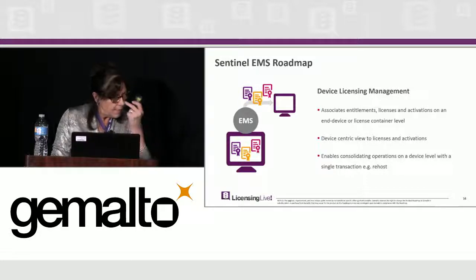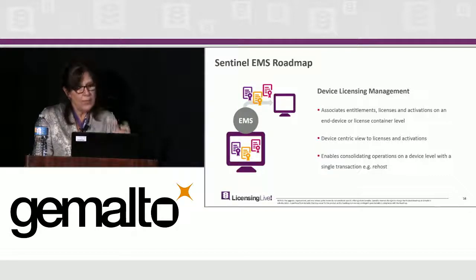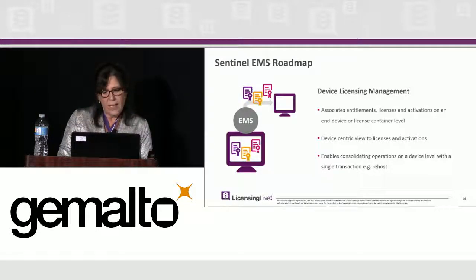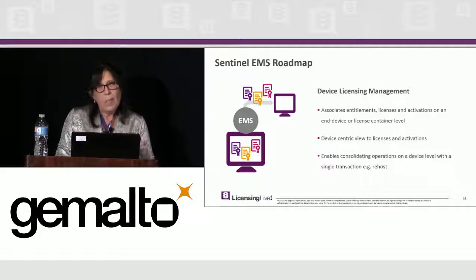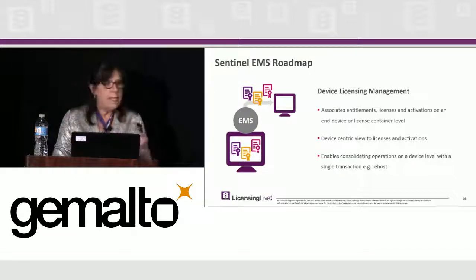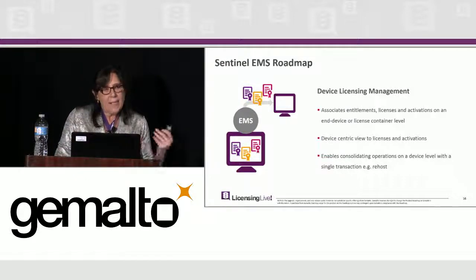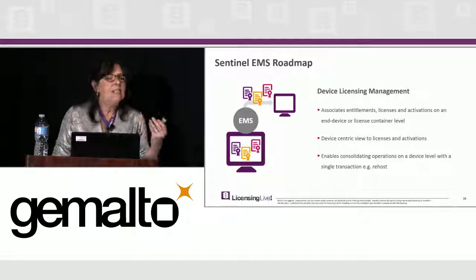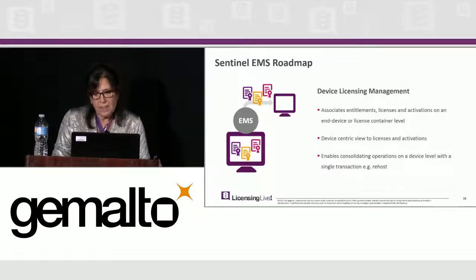So device licensing management is a way to represent a device or any kind of target system for licenses in a much more holistic way. A device can represent really any end device, a machine, a network, a VM, any entity that contains licenses.